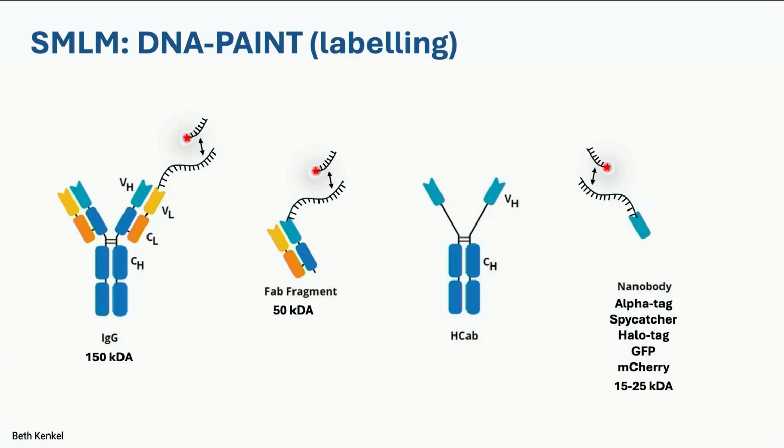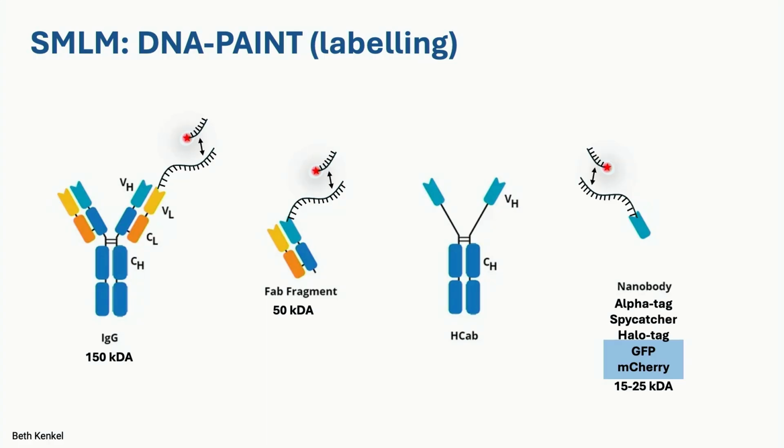Since I told you before, the resolution that we're getting with this technique is around 10 nanometers. So if you have an antibody that is 15 nanometers, it's like competing with the resolution that you have. So the idea is to have the smaller tags to get better resolution. And more important, we can also have anti-GFP and anti-mCherry nanobodies.